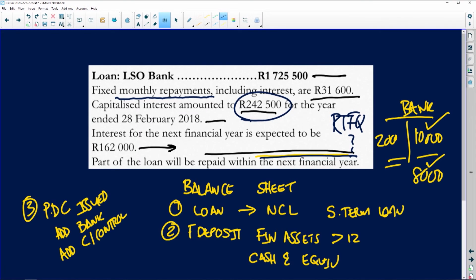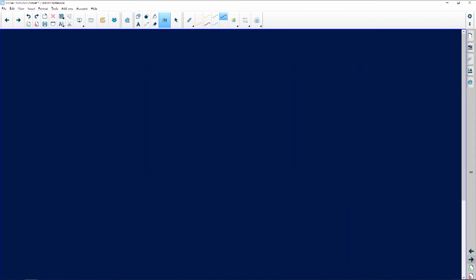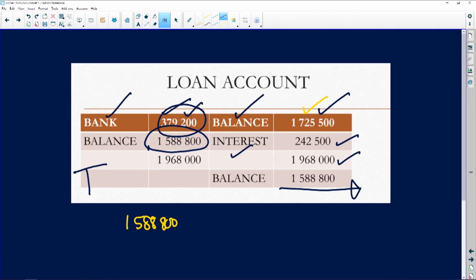I'm going to pay back interest to the amount of 162,000. Okay? So clearly you can see if you take 379,200 minus the 162,000 will give you a figure of 217,200 minus 217,200, and this is what I want you to see now.